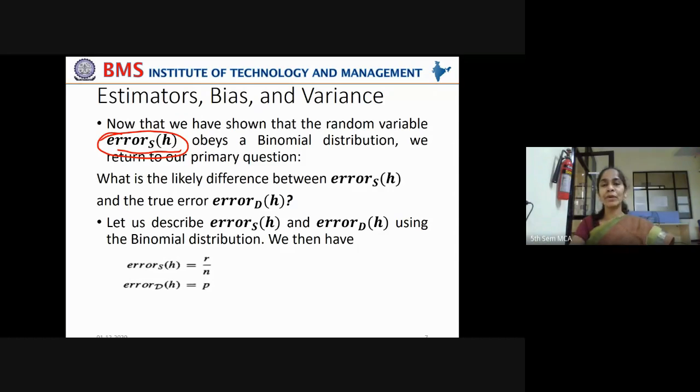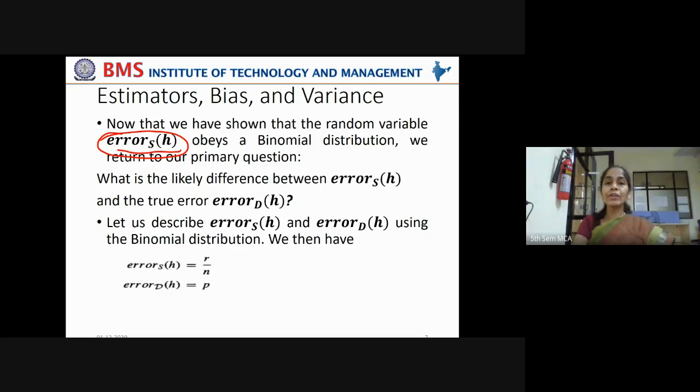In the coin toss experiment, the random variable you are interested in is the outcomes and the number of heads. If you are interested in a specific number of heads, that will be the outcome of the random variable. Here what you are interested in is the sample error. So we are considering this sample error as the random variable now, and it obeys a binomial distribution.